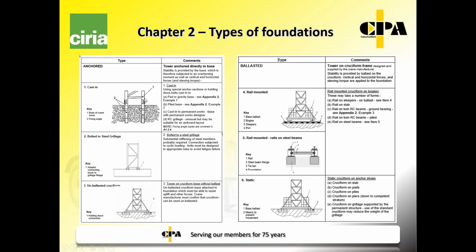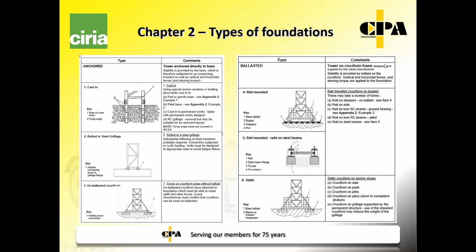We've got the cast-in type, where you cast sacrificial anchors into a concrete base. You can bolt the crane to a steel grillage. You can have an unballasted cruciform, where all the uplift is taken by fasteners into a properly designed foundation.